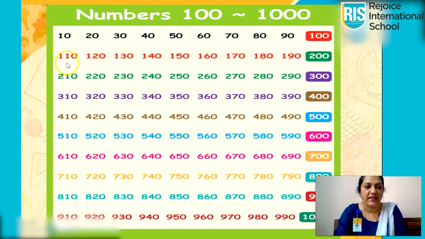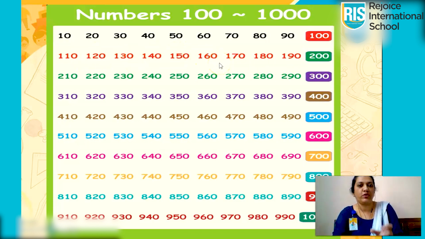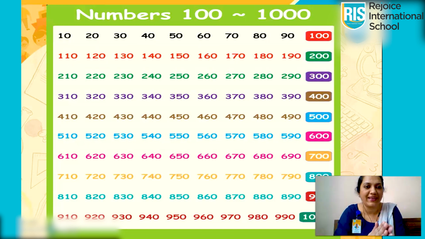Okay, if I read this out to you, 110, 120, 130, 140, 150, 160, 170, 180, 190, 200. If you have a look at these numbers, children, what you would see is there are differences of 10 numbers in between them.